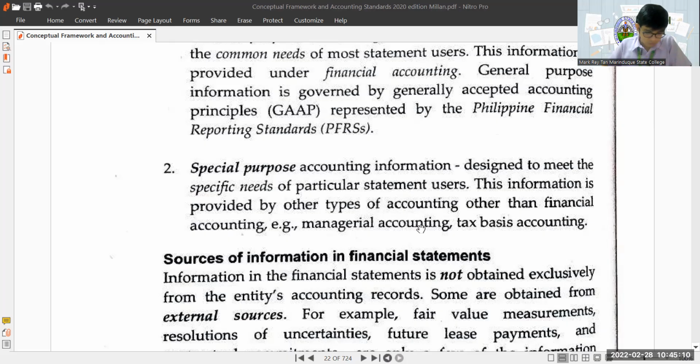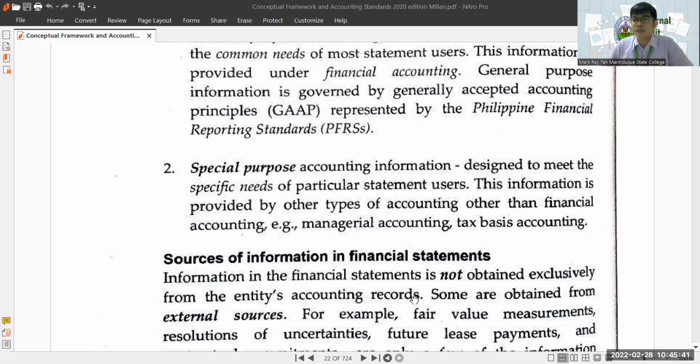Okay. Sources of information in financial statements. So saan daw ba nanggagaling yung mga information sa financial statements? Of course, they are not obtained exclusively from the entity's accounting records. Hindi mo naman lahat makukuha yung lahat ng figures or information na makikita mo sa FS, hindi yan galing sa accounting records lang.